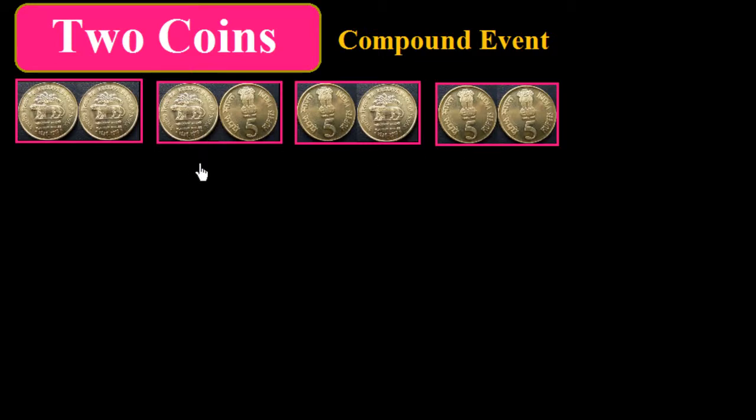How do we get the number of total outcomes of the compound event? I explain here.